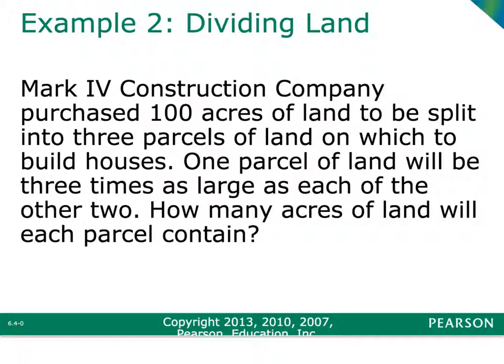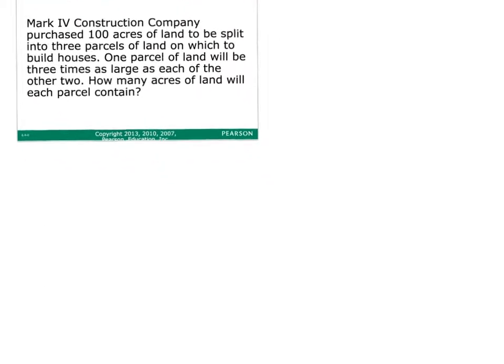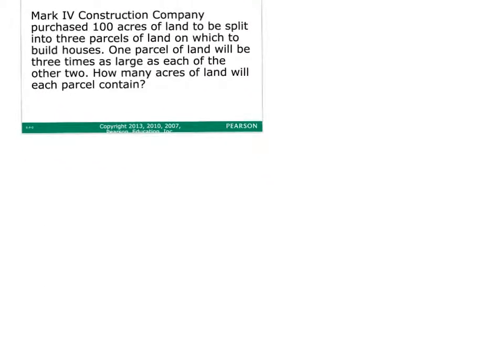Okay, so this is one of those situations where drawing a picture may be helpful to you. So I'm going to draw us a little rectangle here. There's our 100 acres. We're going to split it up into 3 parcels, and they said that one of the parcels was going to be 3 times as big as the other 2.